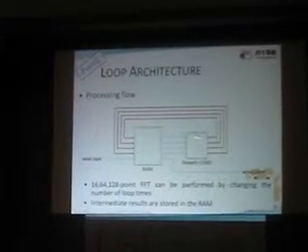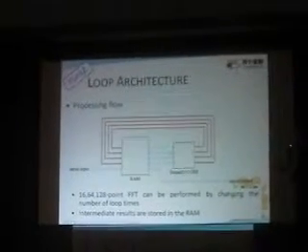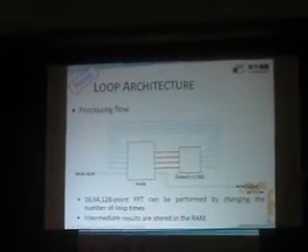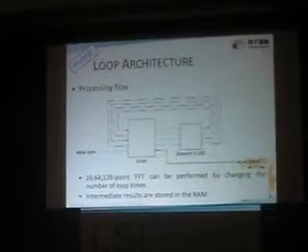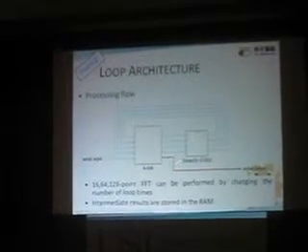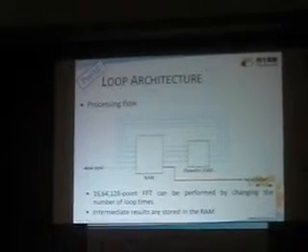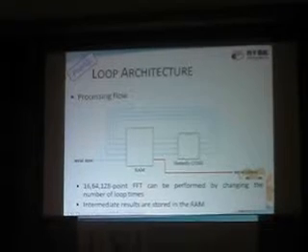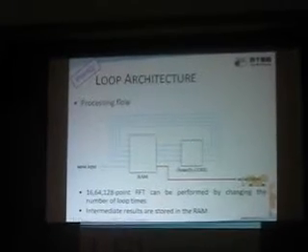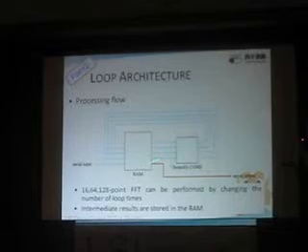And they are stored in the RAM again. So we can repeat this process as many times as necessary. So lastly, we send the data through output. So every point FFT can be performed by changing the number of loop times. So intermediate results are stored in the RAM.